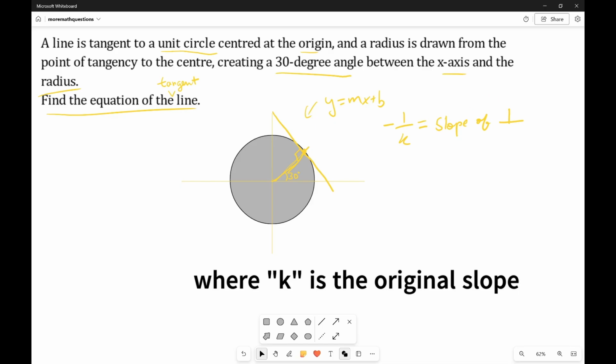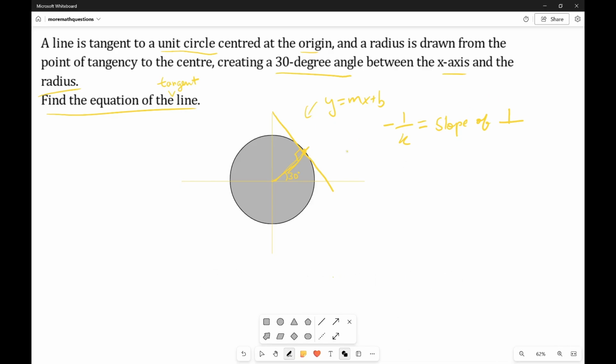Okay, so how do we find the slope of the radius? Well, it is rise over run, right? So it'll be rise, or this y value, divided by this x value. And in a unit circle, the y value and the x value are sine and cosine respectively. So to find the slope of the radius, you do sine theta over cosine theta, because again it's y over x.